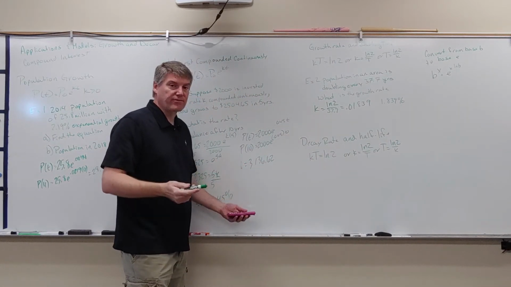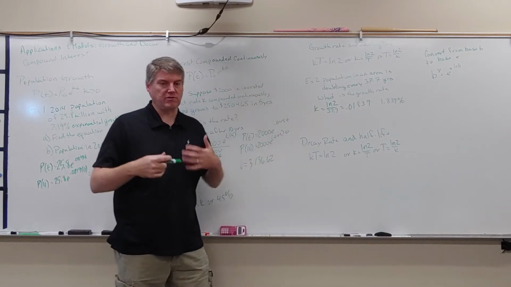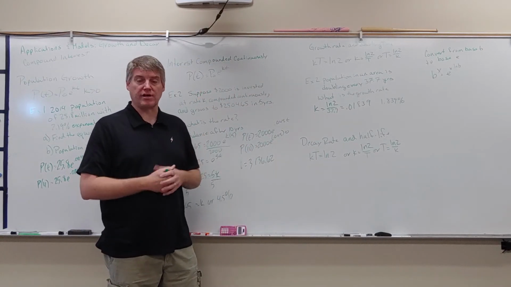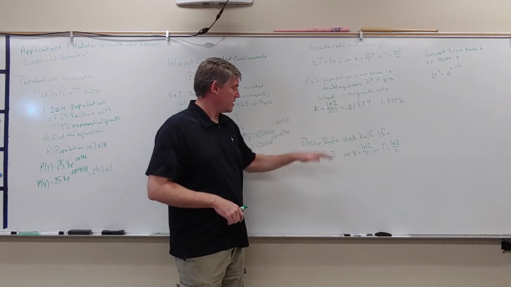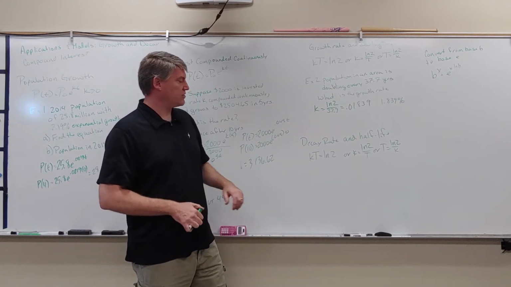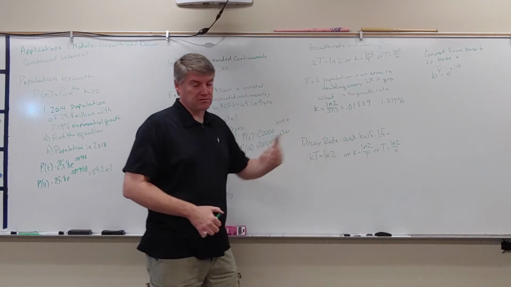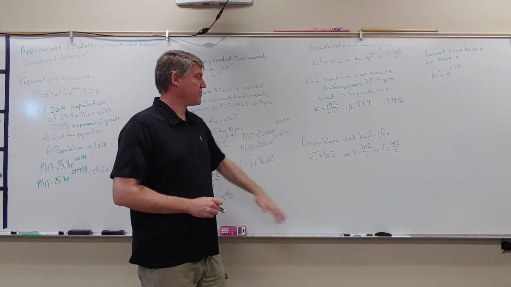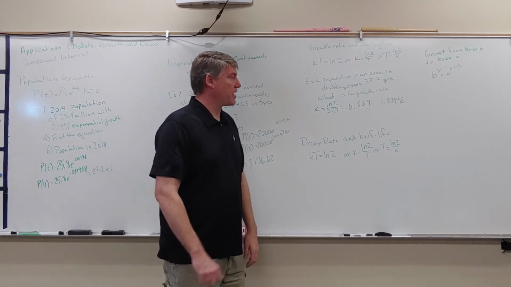Decay rate and half-life. So the decay half-life is a very interesting thing. You talk a lot about that in chemistry and physics, but it's that same formula. So kt equals natural log of 2, or k equals the natural log of 2 over t, or t equals the natural log of 2 over k. You're going to use those same formulas to find half-life or decay rate.